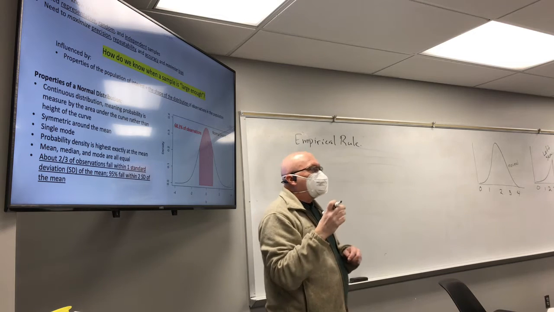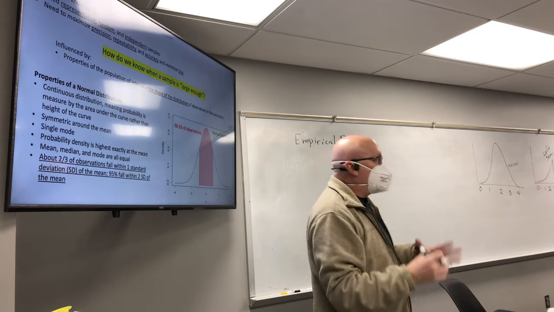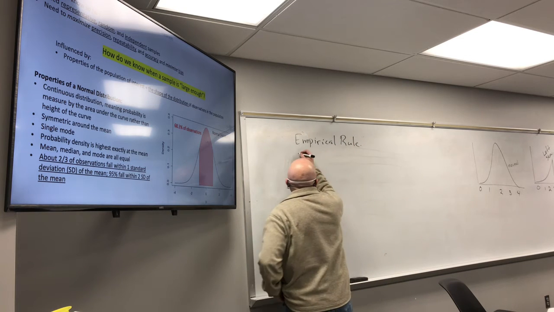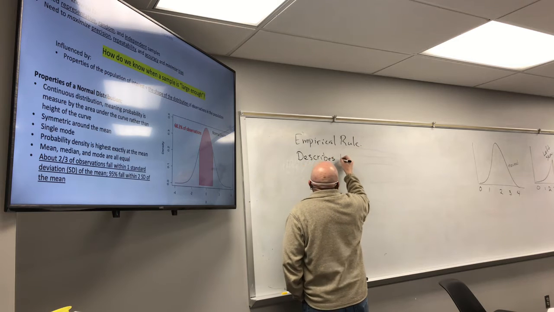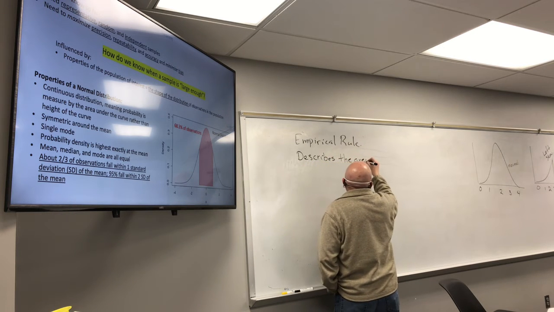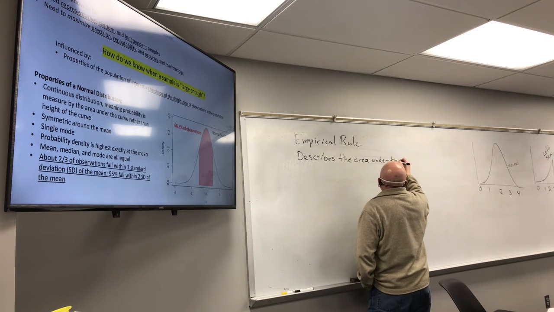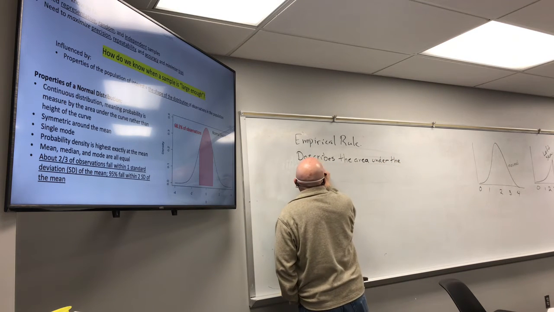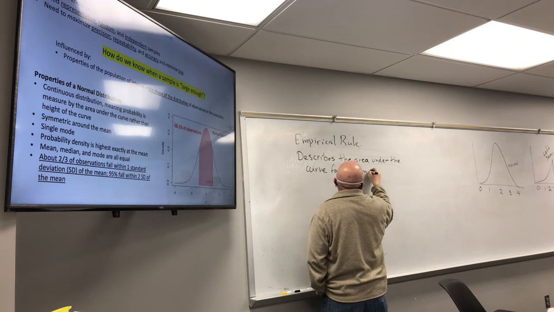The empirical rule is basically just a set of statements about what happens with a normal curve. So the empirical rule basically describes the area under the curve for a normal distribution.